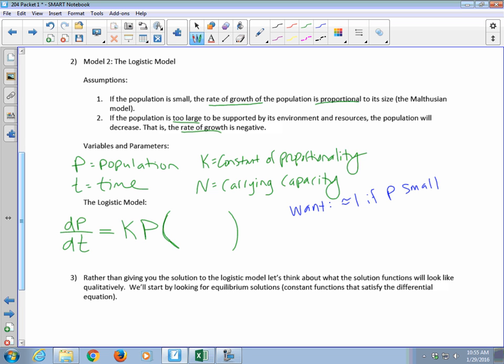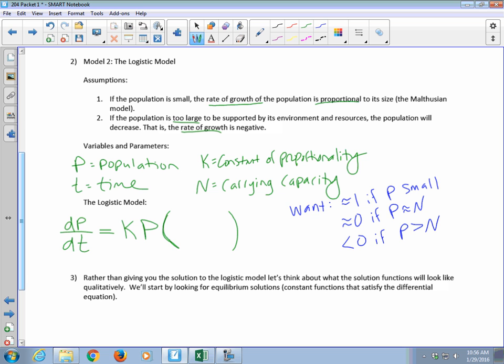Yeah, I want it to be close to 0 if p is close to n. If we're close to the carrying capacity, the rate of growth should be slowing down, approaching 0, holding constant. And then I want it to be negative if p is bigger than n. If we've surpassed the carrying capacity, I want that factor to be negative because it will make my whole rate of growth negative.